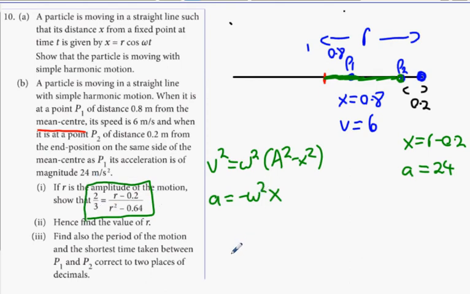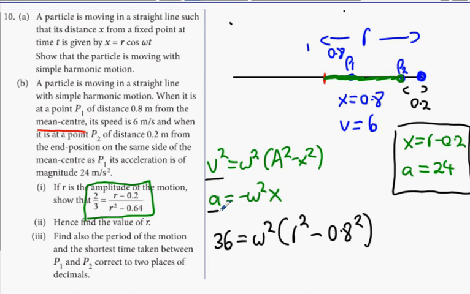We're going to use the first one. v squared is 36. Omega squared we don't know. Do we even know the r value? We don't. We're going to have to keep it as r. Do we know the x value? The x value is 0.8. Okay? That's one equation.